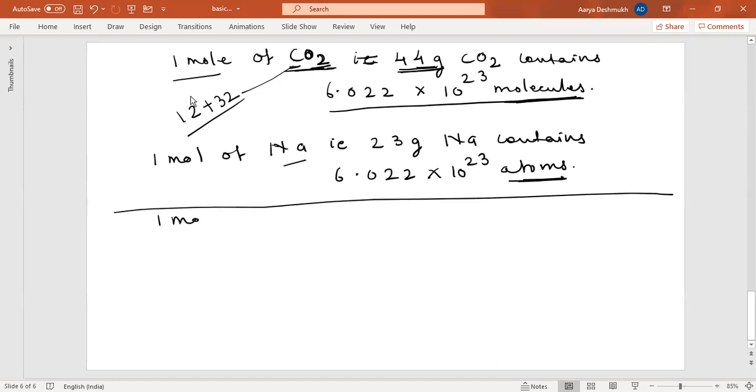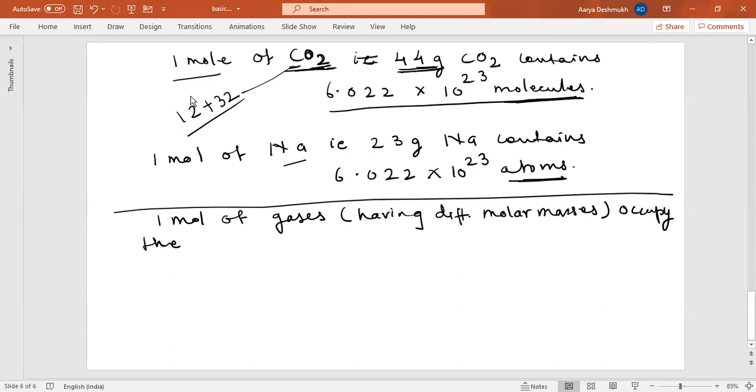I'm talking about gases now. 1 mole of different gases, having different molar masses, occupy the same volume of 22.414 liters at STP.